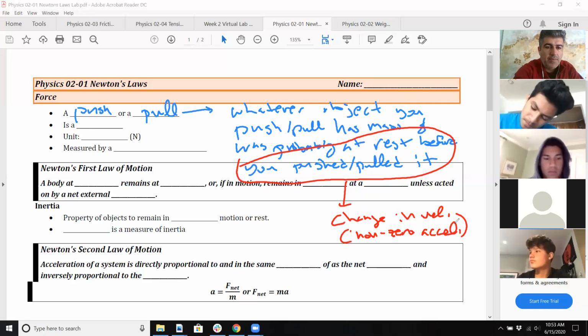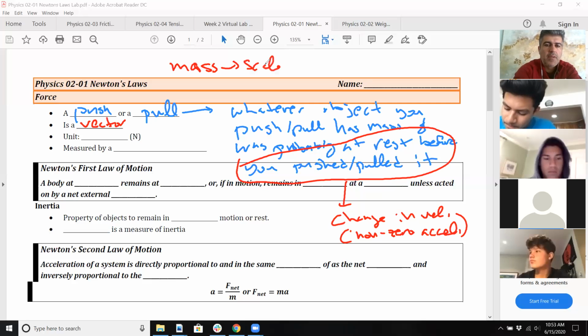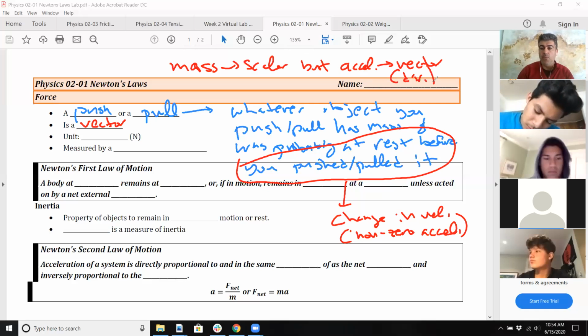And it is a vector. Now, first of all, just to know, mass is a scalar. But acceleration is a vector because it has direction. And because that's built into the force formula, force equals F equals ma, then force is a vector.